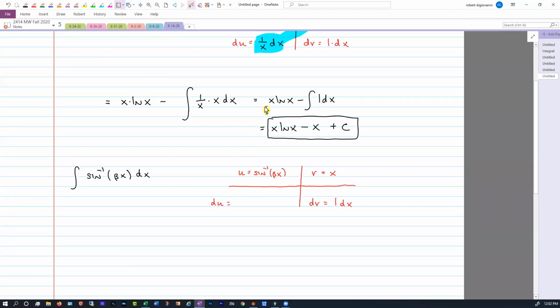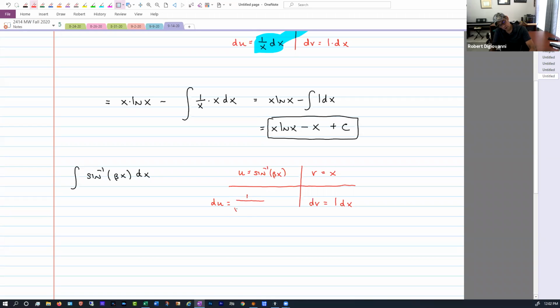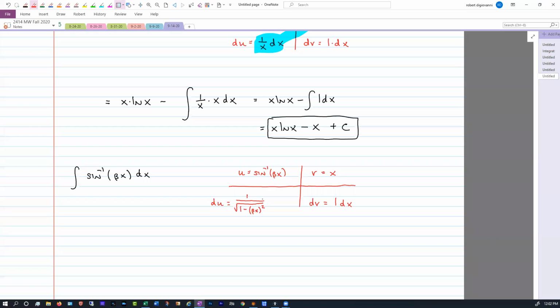Is it 1 over the square root of 1 minus x squared? Okay, so 1 over the square root of 1 minus whatever the argument of the inverse trig function is, which in this case is beta x, right? So we're going to have beta x squared. Okay, very important next piece. There's something missing still. dx.